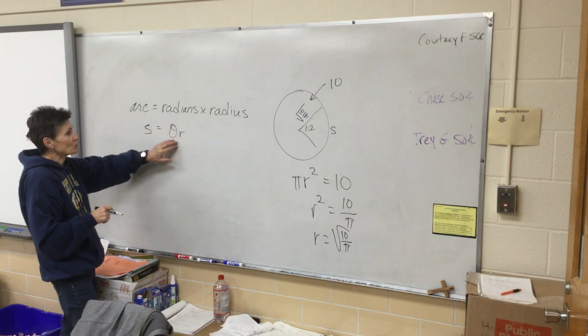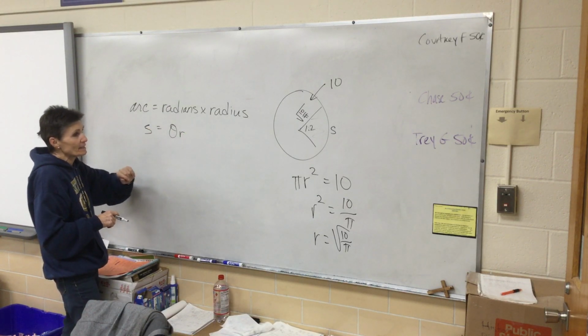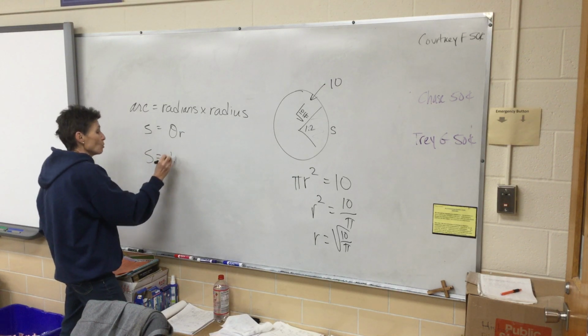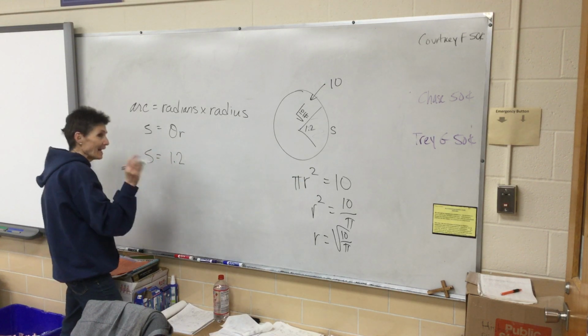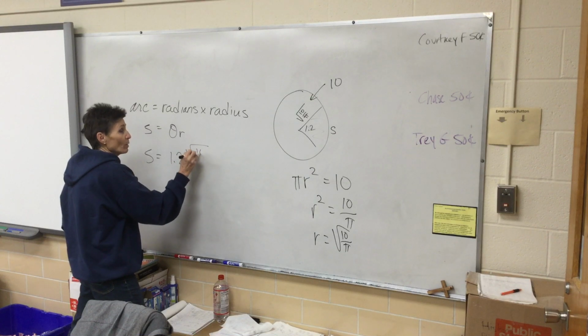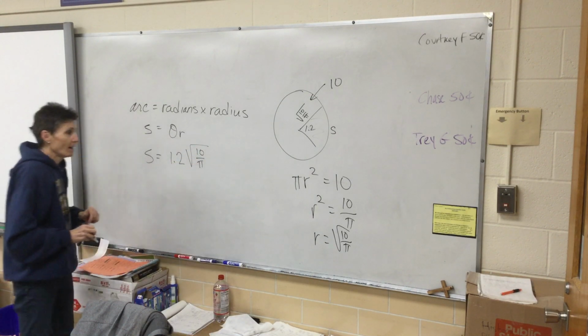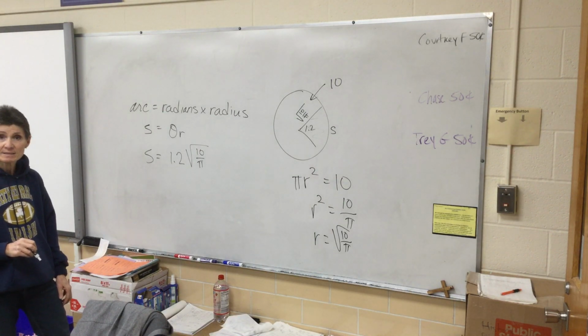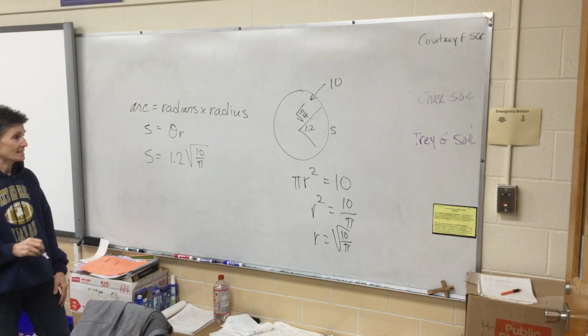So I know that the radian measure of the angle is 1.2, and the radius is the square root of 10 over pi. That is the arc length. What a mess, but that's the answer.